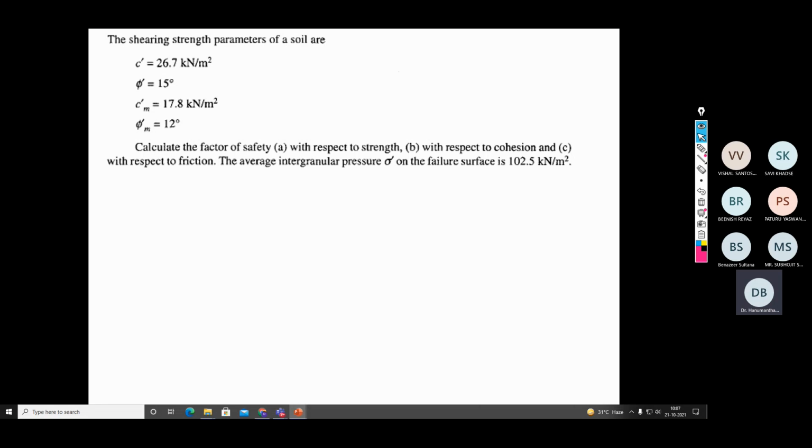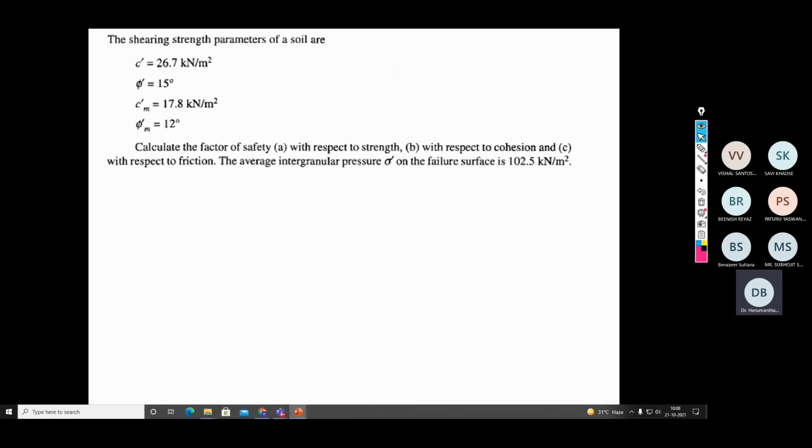If you refer back to our previous class discussion, the c' and φ' values belong to the shear strength parameters at failure, meaning that when cohesion and angle of internal friction attain the values of 26.7 and 15, your soil literally fails under shearing mode.